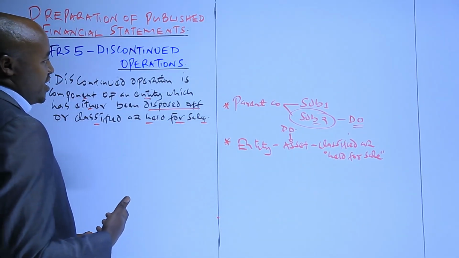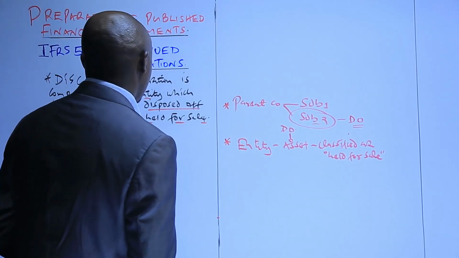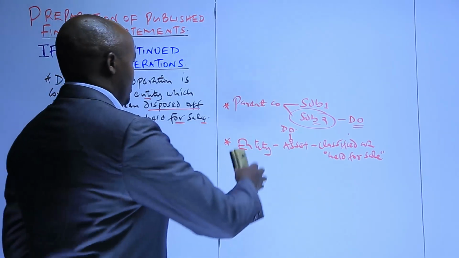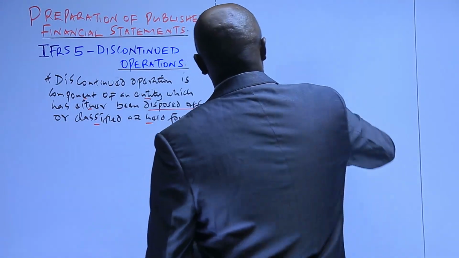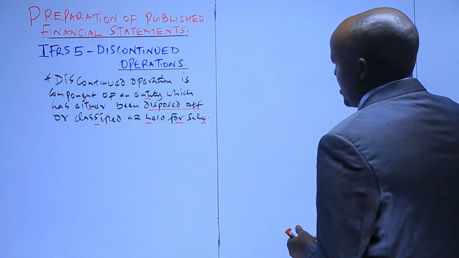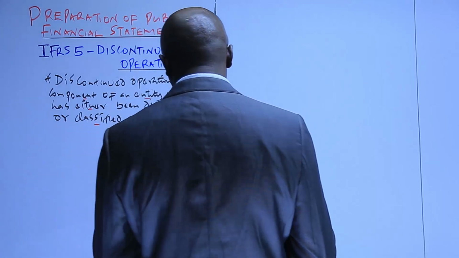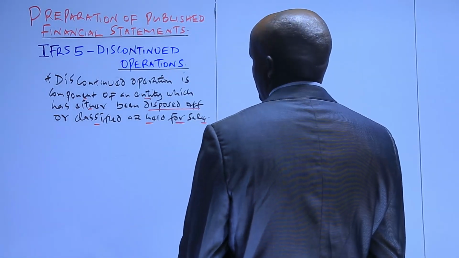Before we look at the accounting aspect of this, first of all, I want us to look at the criteria which a component, or an operation, should meet for it to be classified as held for sale.